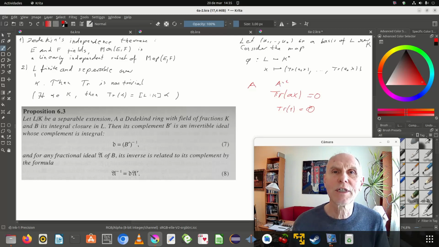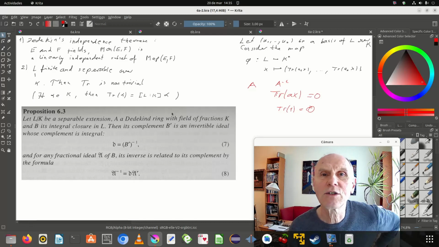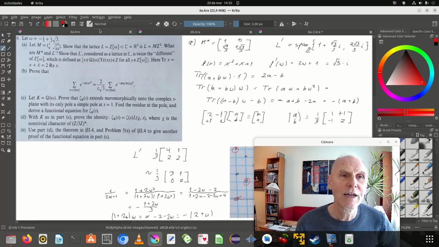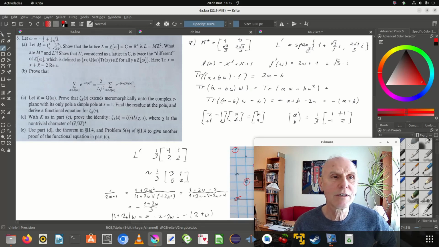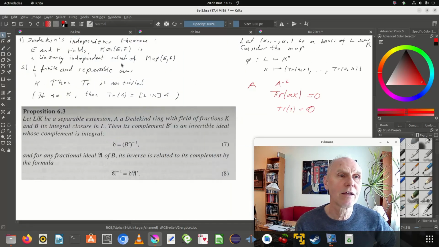And that was the point I missed when I studied this section of Kuhn's book many years ago. This is why this is such a breakthrough for me, because this is the matrix representing this map, and that makes it possible to compute the complement.